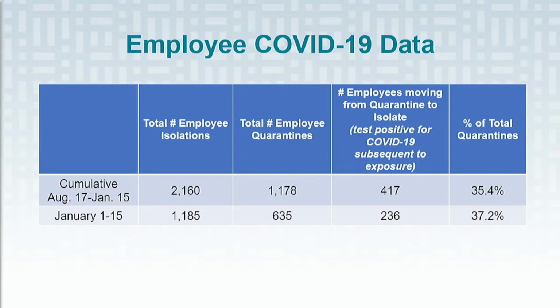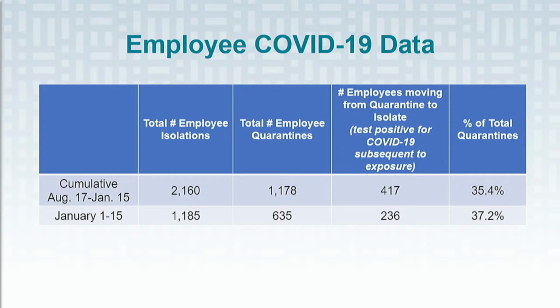All right, so if you look at the period 1 January to 15 January, we had 1,185 employee isolations. In that window, we had 1,185 compared to the entire total for the year prior to that of 2,160. We had 635 quarantines with 236 moving from quarantine to isolation.